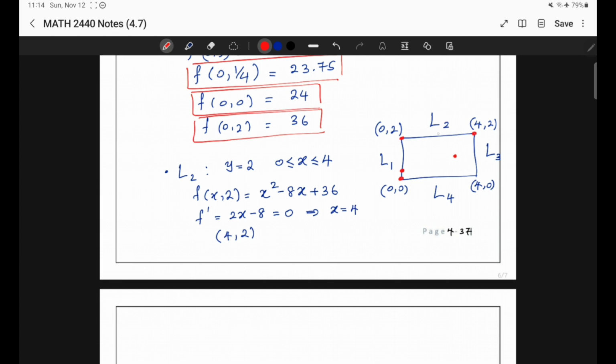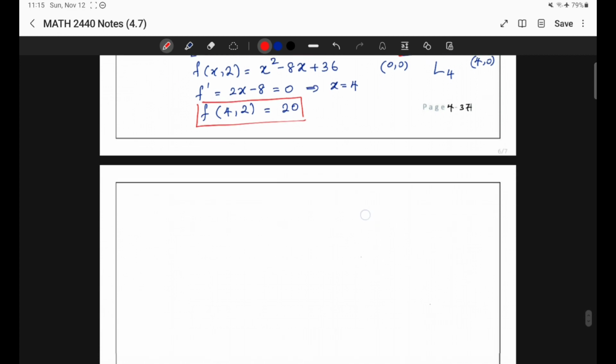Now on L2 there is no critical point in the interior. The only critical point is in the border. So we have to find the function value of that point. At (4, 2) you get 20. Okay, so we are done with L1 and L2.